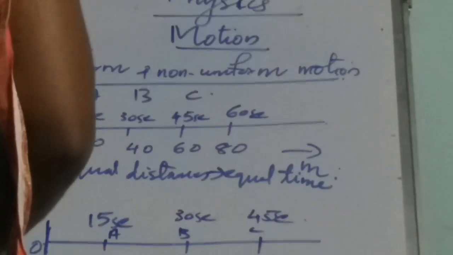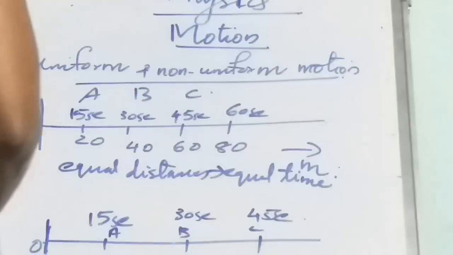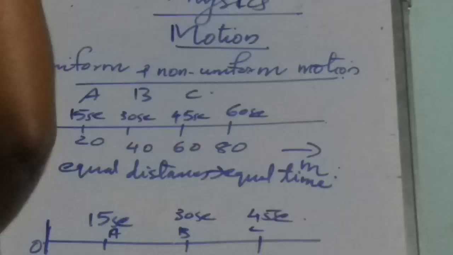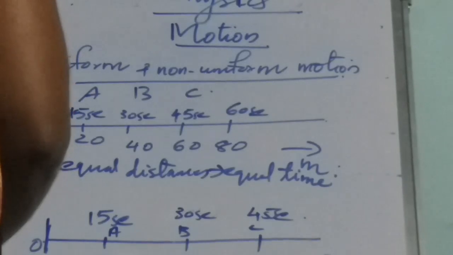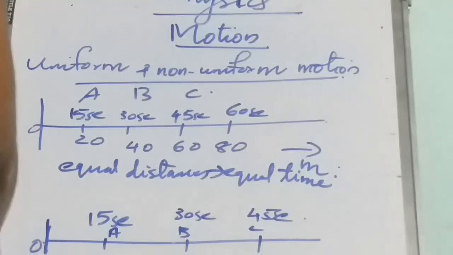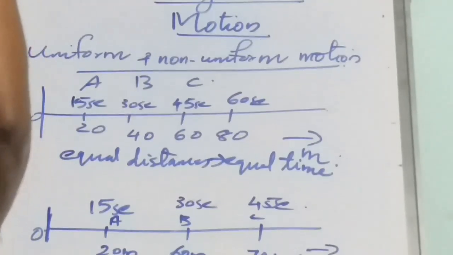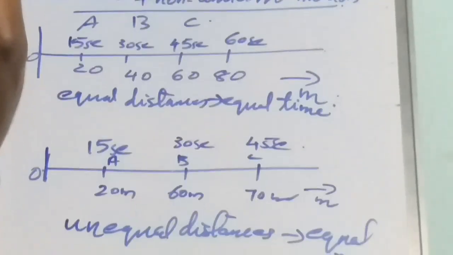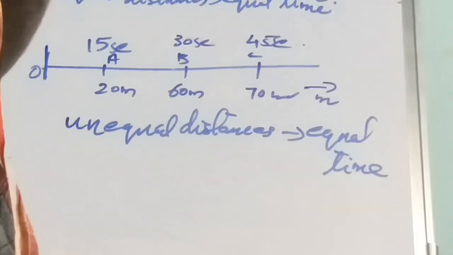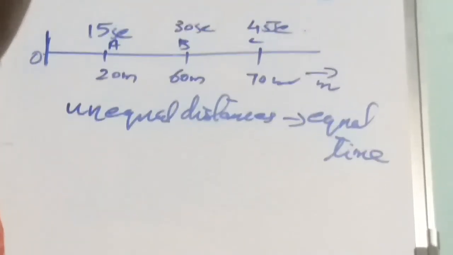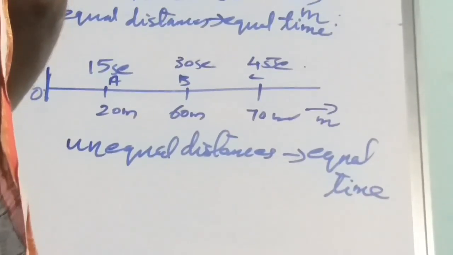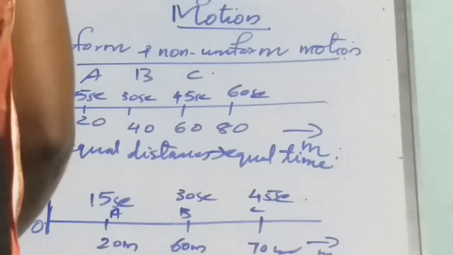Another example: suppose a car is moving on a crowded road or in a hilly area, it cannot cover equal distances in equal intervals of time. That can be considered as non-uniform motion. Also, the motion of a train starting from a railway station and stopping at the next station can be considered as non-uniform motion.